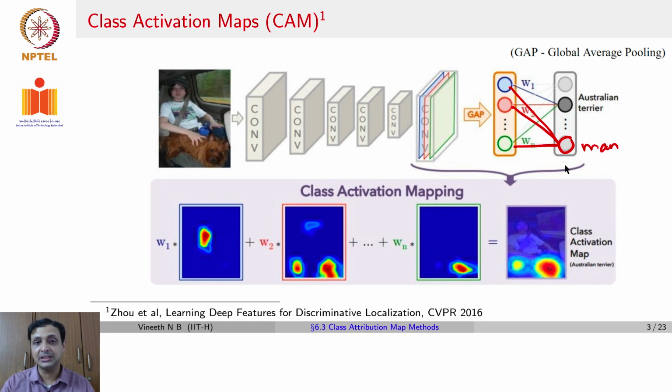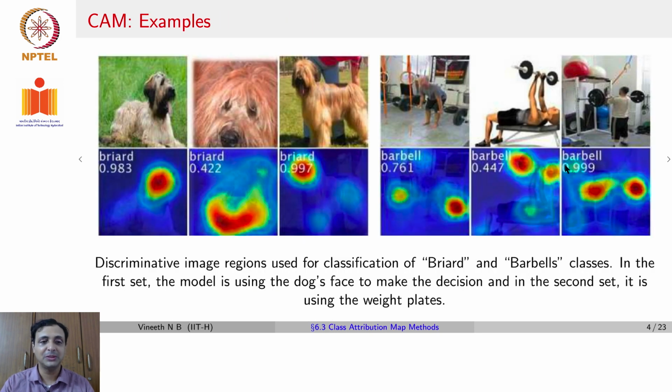There are some advantages and disadvantages, as we will see soon, but here are some visual examples to start. You can see here that the first 3 images are examples of the class Briard, and the second 3 examples are the class Barbells.